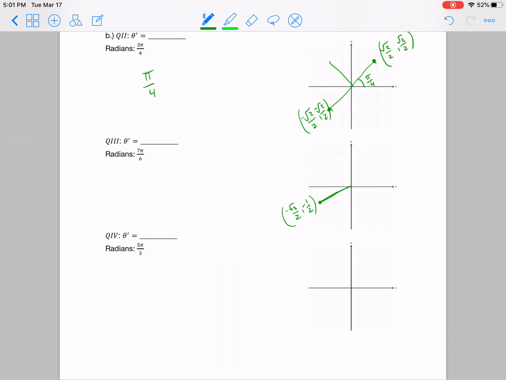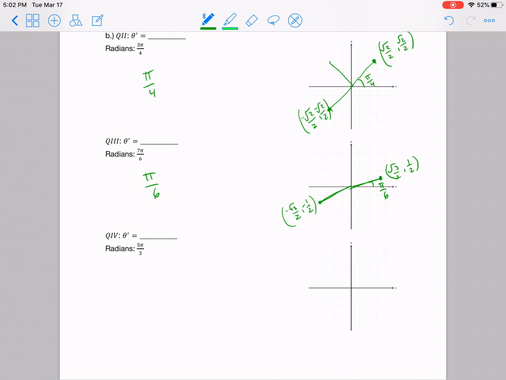What we want to do is go over to positive square root of 3 over 2, positive 1/2 right there. That gives us some coordinate over here like this. And the angle for that one is just going to be pi over 6. So our reference angle, what we refer back to get what the coordinates would be, since we're working backwards here, would be pi over 6.